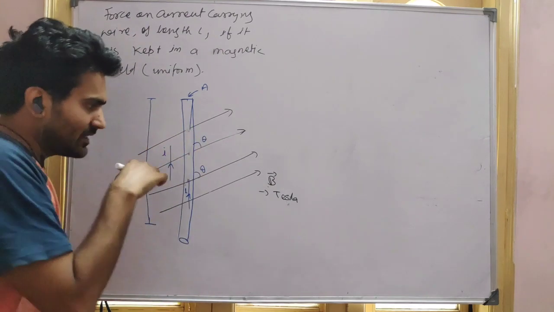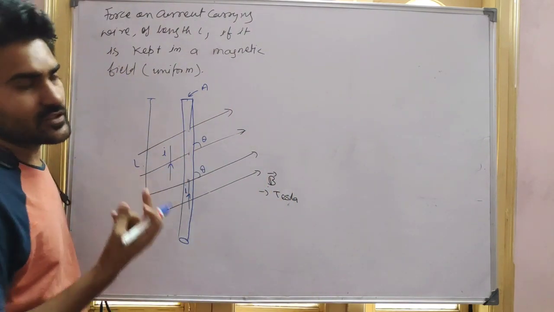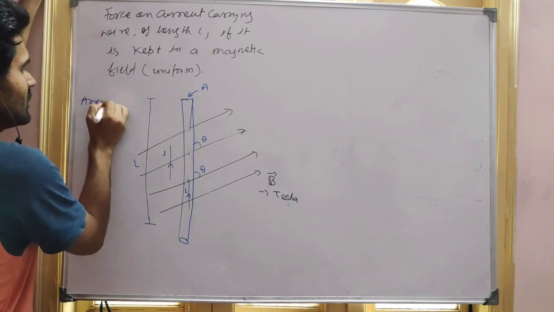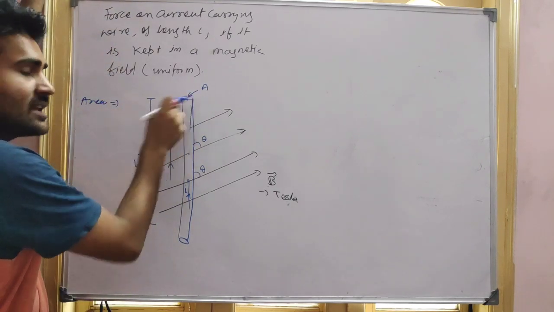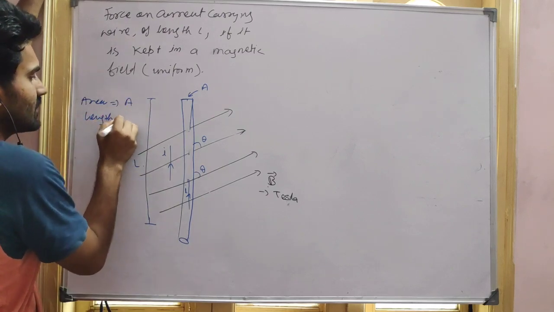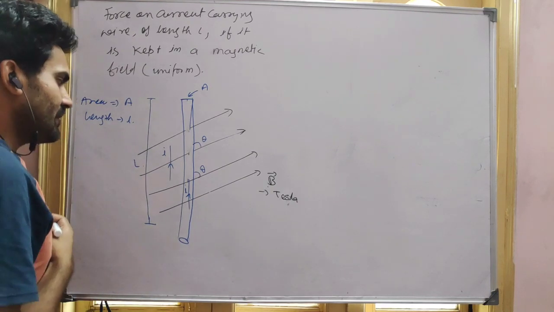So the current is making an angle theta with the magnetic field. The area of the wire is A, the length is L.